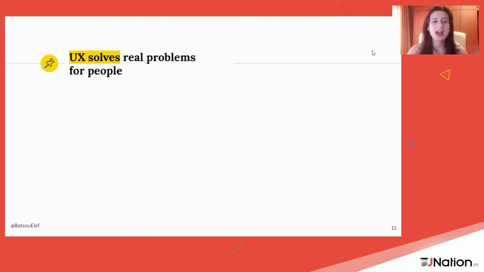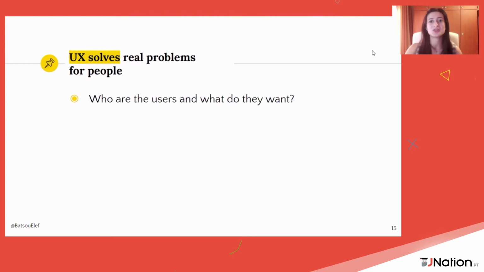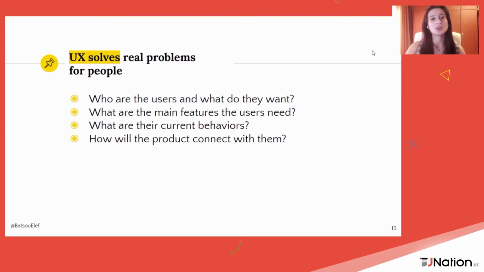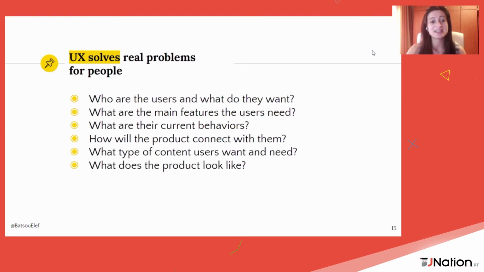And when he has all of these people, he will start asking questions such as, who are the users and what do they want? What are the main features the user needs? What are their current behaviors? How will the product connect with them? What type of content do users want and need? And what does the product look like?